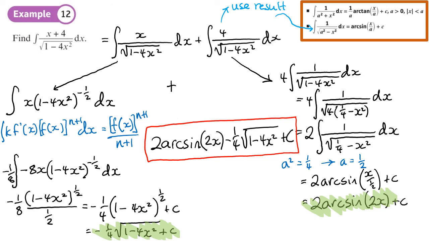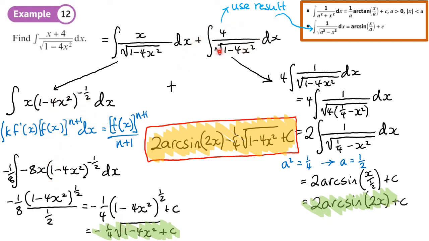So the technique for this one was actually to split the original integral up into 2 parts. One part where we used actually a standard pattern, or you could use substitution to integrate to get this result.